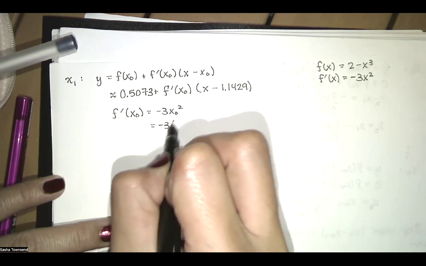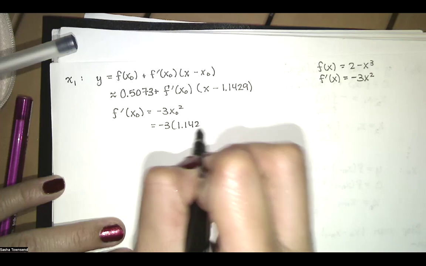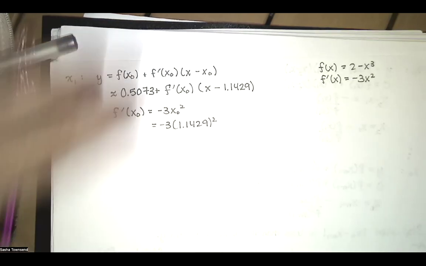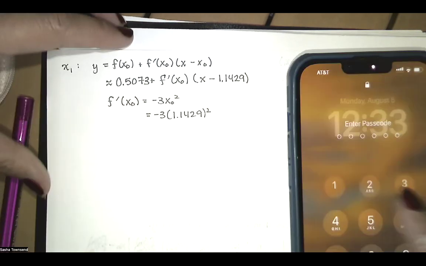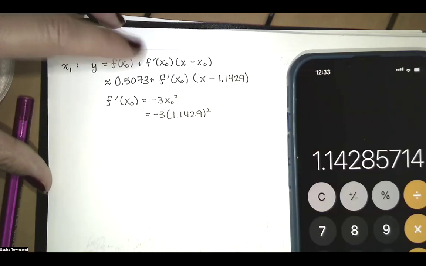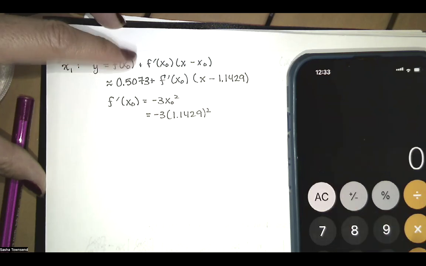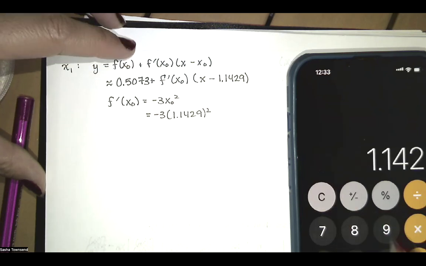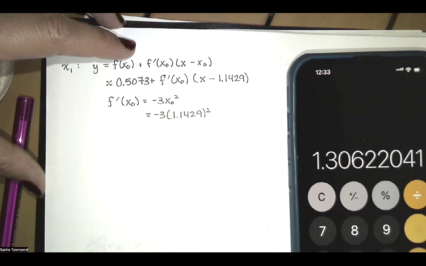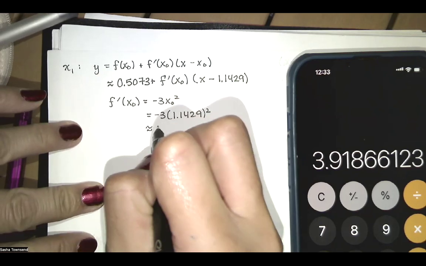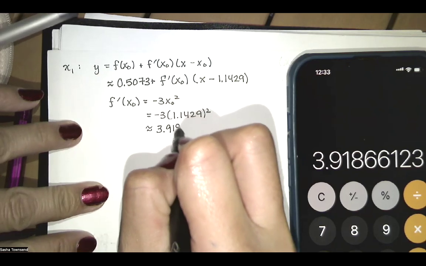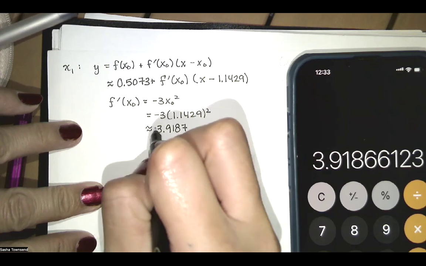So it's negative 3 times 1.1429 squared. And I'll use my calculator for that. 1.1429 times 1.1429 times 3 is approximately 3.9187, and it's negative.